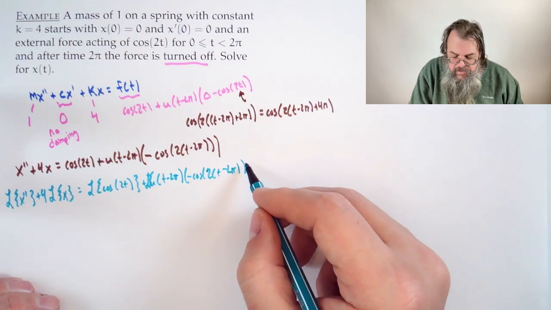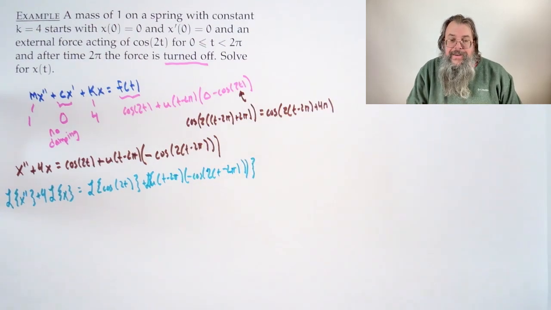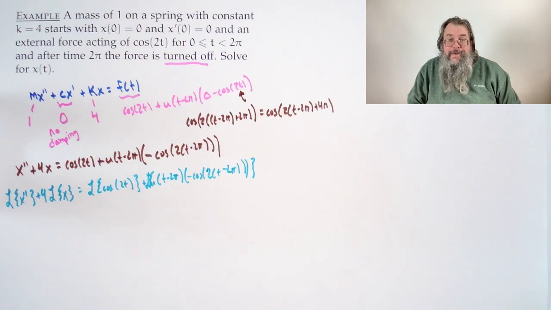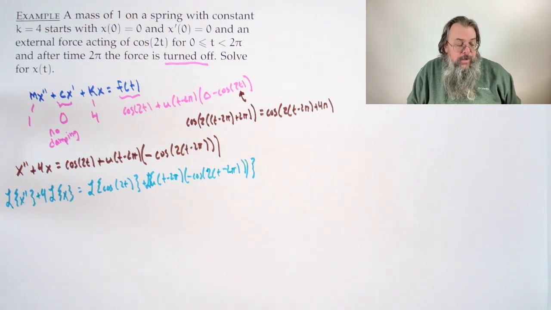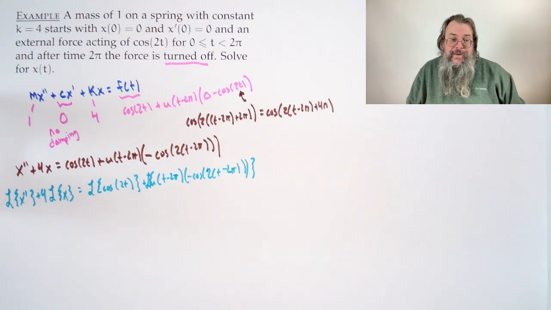My handwriting is absolutely atrocious here. Okay, all right, well, we're among friends. We know what we mean, right? That's all that matters. As long as we know what we mean and that we get the right answer, then we're fine. Life is good.